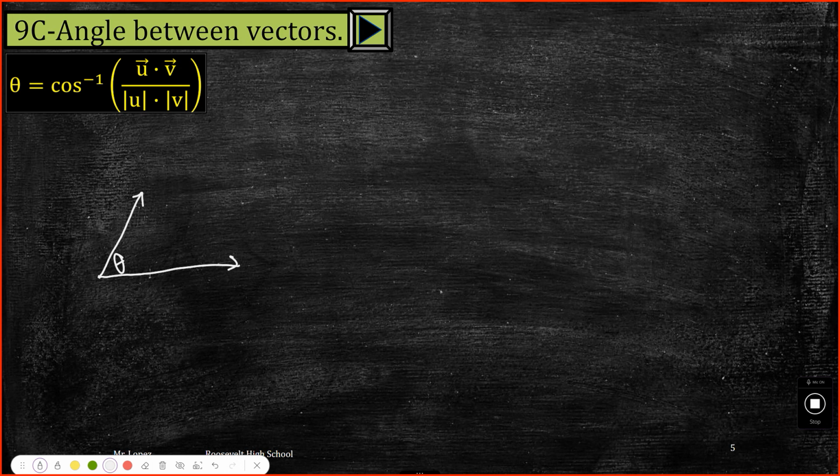And so the law of cosines was something like, so that's the length and that's the length, and then we got this length here maybe.